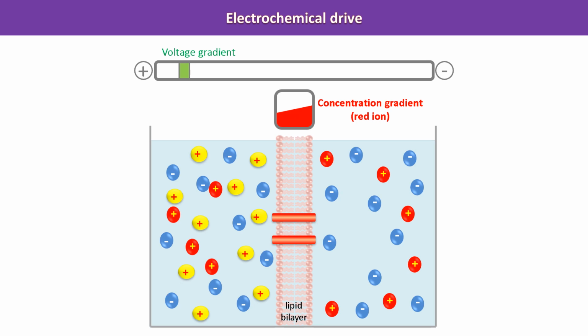Instead, they stop flowing when the repelling force from the voltage gradient equals the driving force from the concentration gradient. The voltage gradient at which that happens is known as the equilibrium potential or the Nernst potential for the ion.